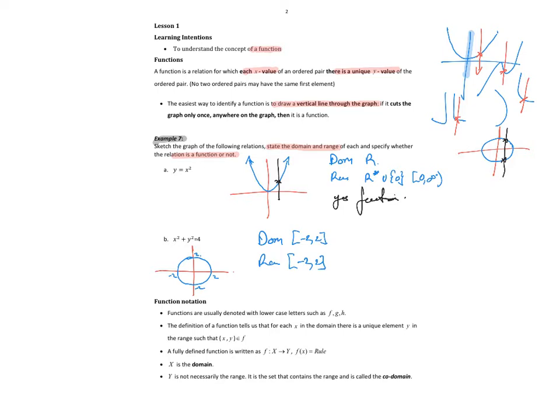Let's not forget that the range is the y values, okay. Is it a function? Well, if I draw a vertical line, it crosses twice, so not a function, all right? Now it's important because functions have certain properties that relations don't, and we'll come to that. So it's important to be able to determine if a relation is a function.